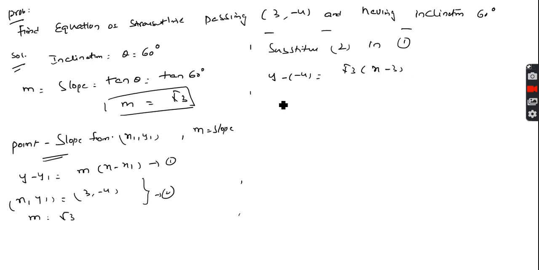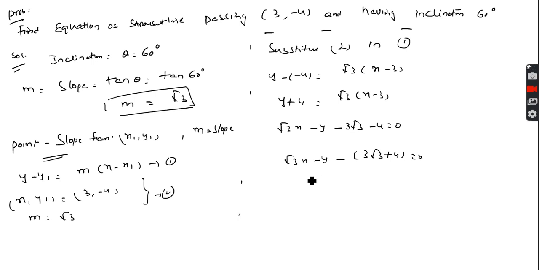So therefore, y plus 4 is equal to root 3 times (x minus 3). That is nothing but root 3x minus 3 root 3 plus 4 equal to 0.